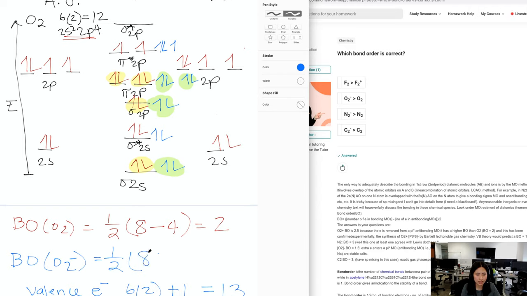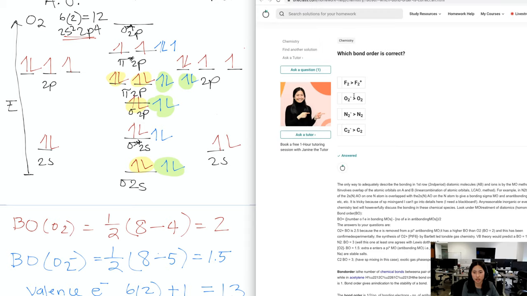And then for anti, that means anything that is in blue pen but it's not highlighted. So you have 2, 4, and then you have 5, right? So again, this is 1.5 because it's 8 minus 5, which is 3 times 1/2, that's 1.5. So comparing O2 and O2 minus, the bond order of O2 is greater compared to O2 minus.